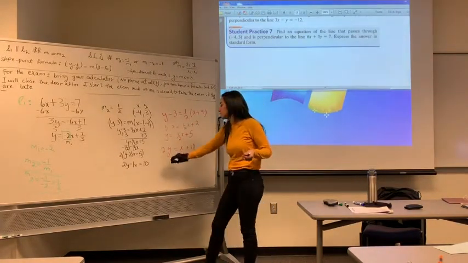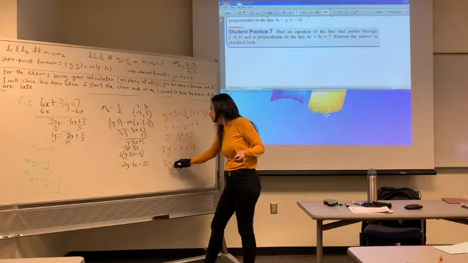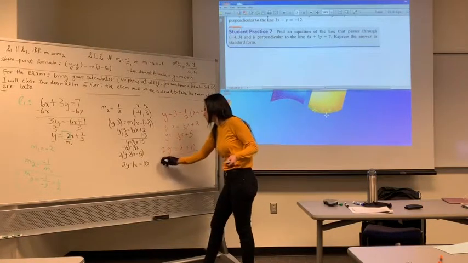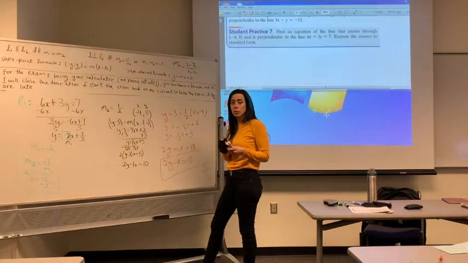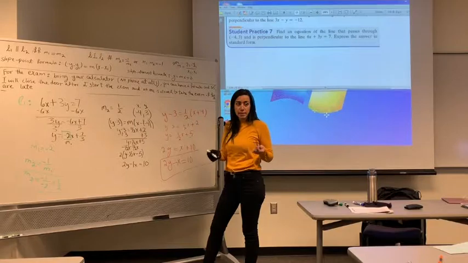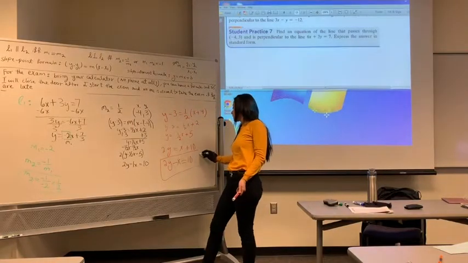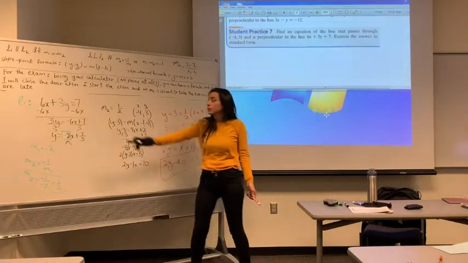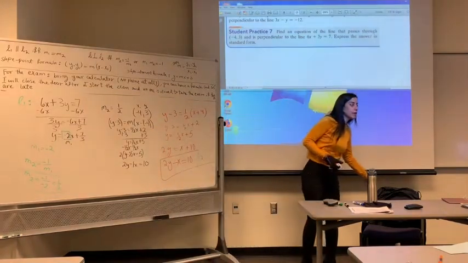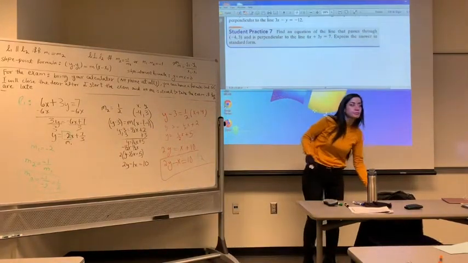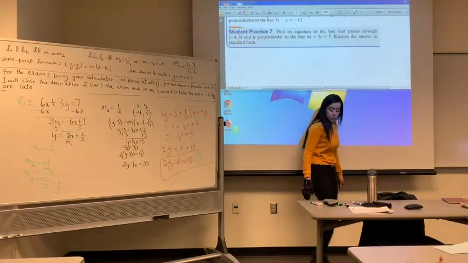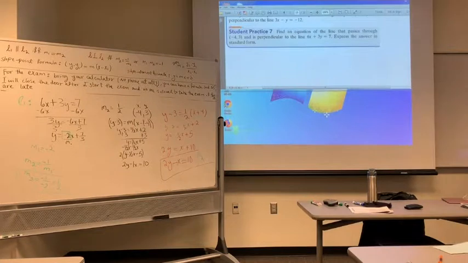And bring this one to the other side. You have 2y minus x equal 10. So what we found now, what is this? The equation for the second line, the second line which is perpendicular to that line, correct? Do you have any question? No? Okay. So more questions.